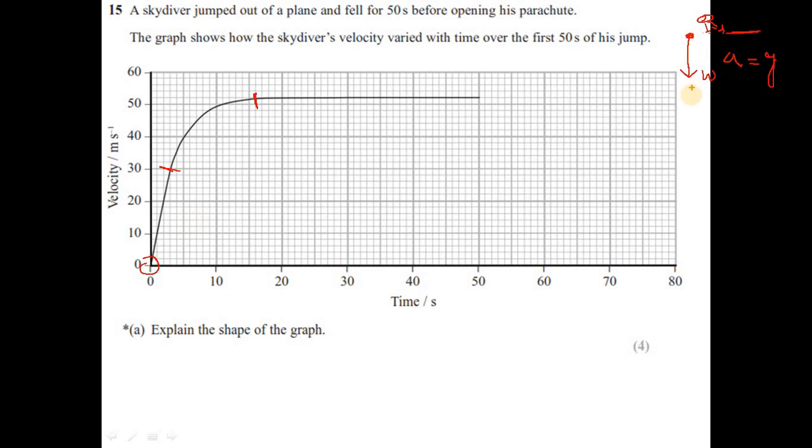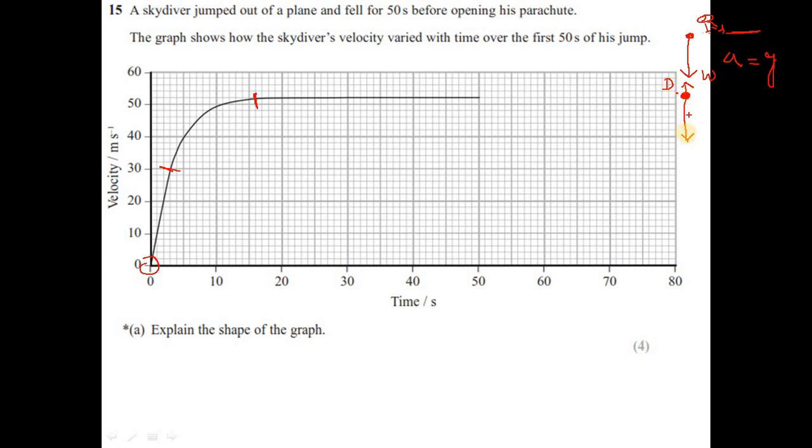But after falling some distance, or after a very little time, weight is still there, but aerodynamic drag starts acting, air drag in the opposite direction. And remember, drag depends on the velocity. So this is the time when the net force, which is still in the downward direction, has decreased because of the increase in the drag force.